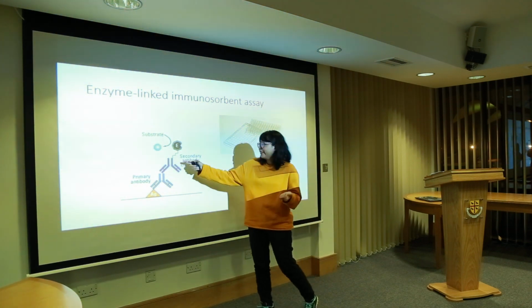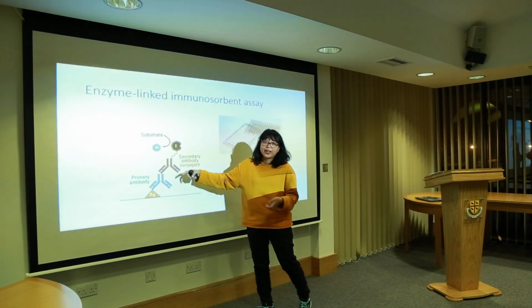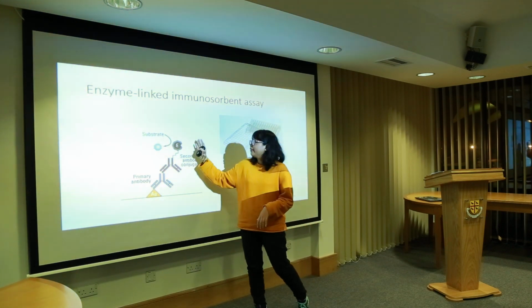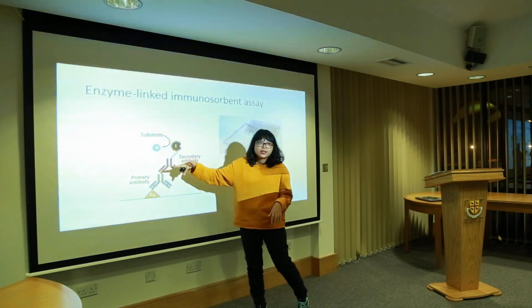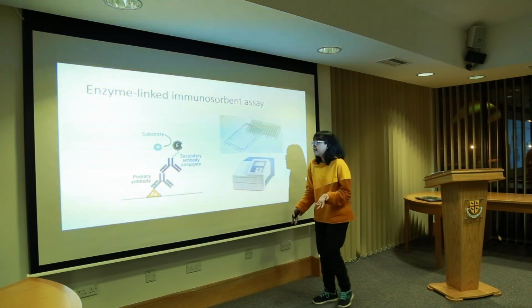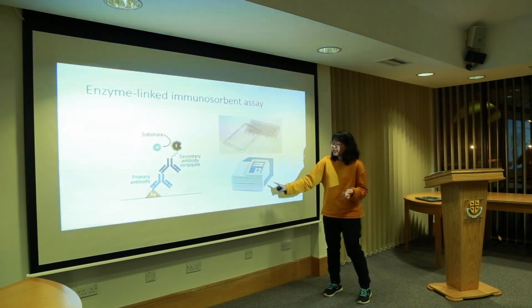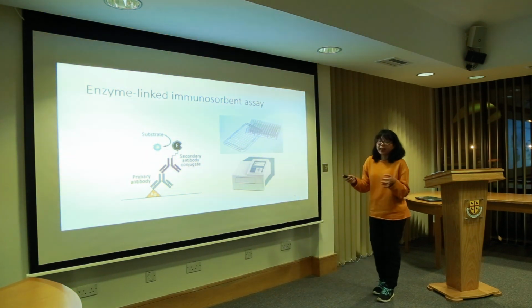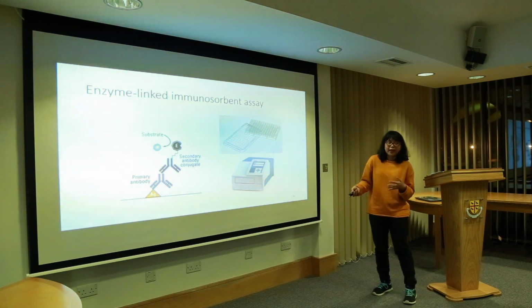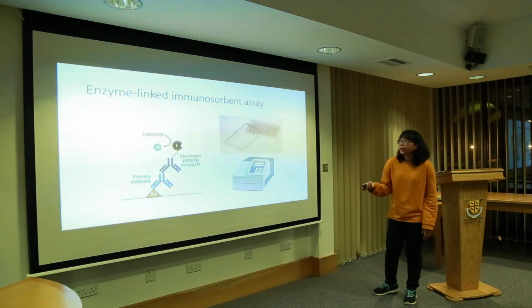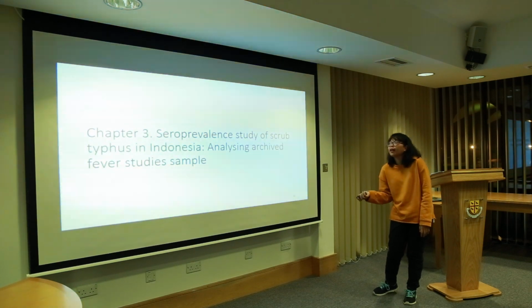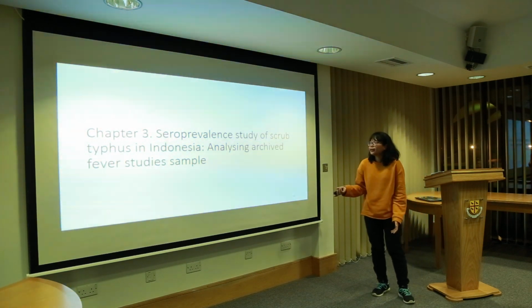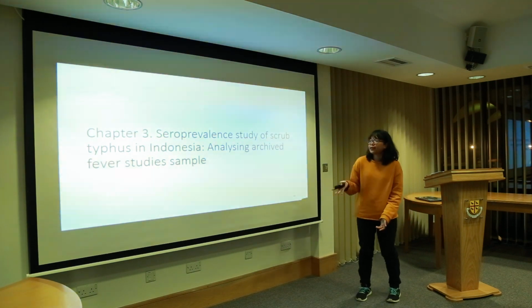And this anti-antibody is linked with an enzyme, hence the name. And then we're going to add a substrate that will react with the enzyme and produce a color change. This color change is measurable with this machine, a spectrophotometer. So we can tell whether the patient has the antibody or not.